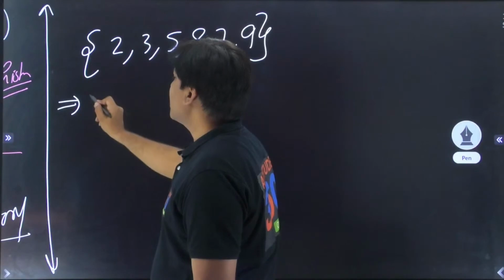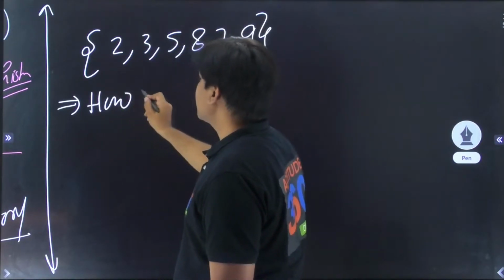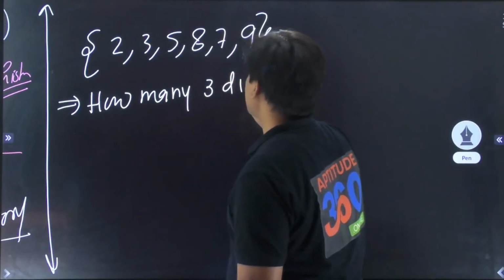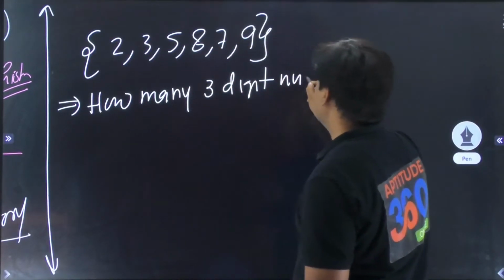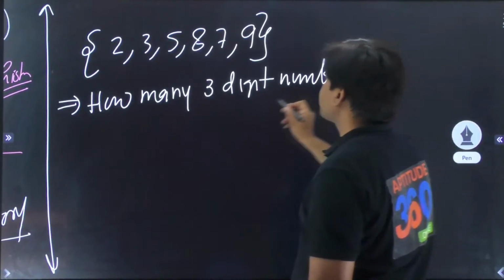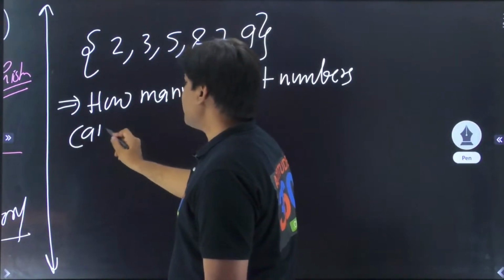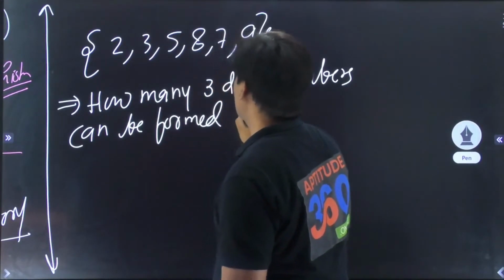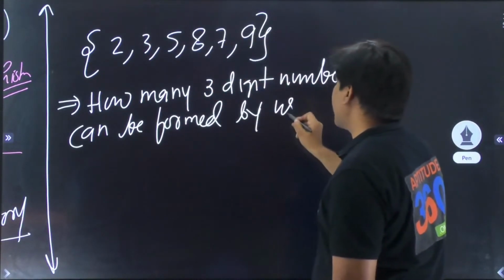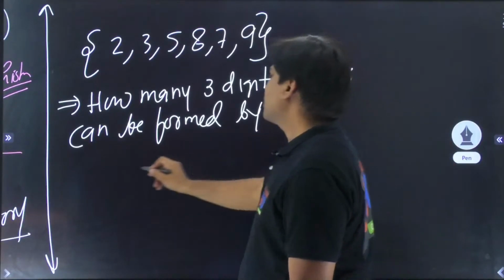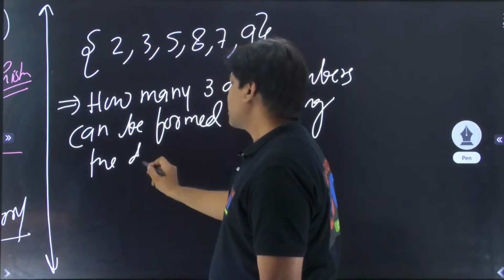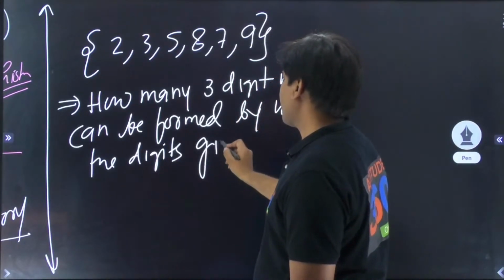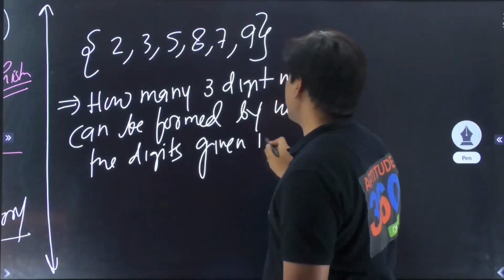We have to form how many 3-digit numbers can be formed by using the digits given in the problem.